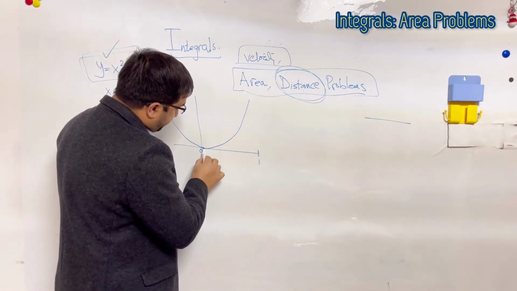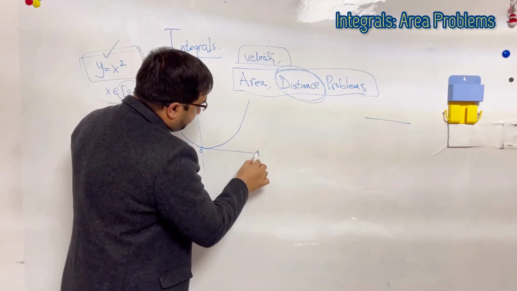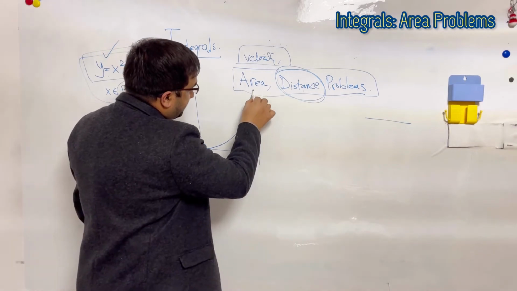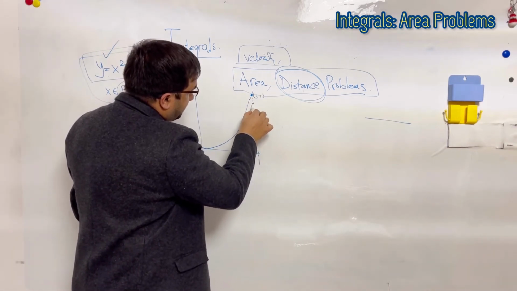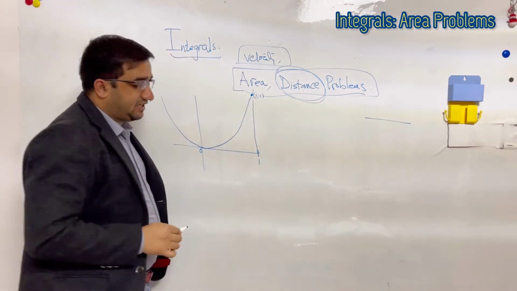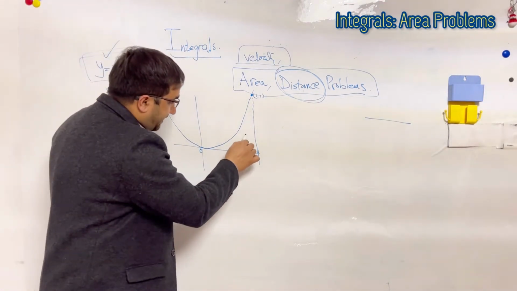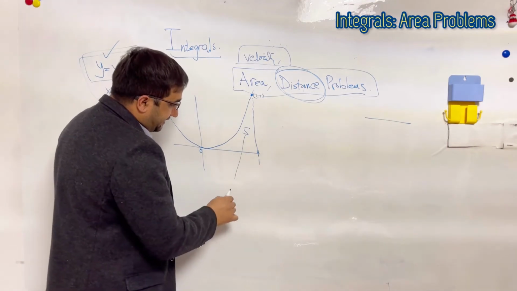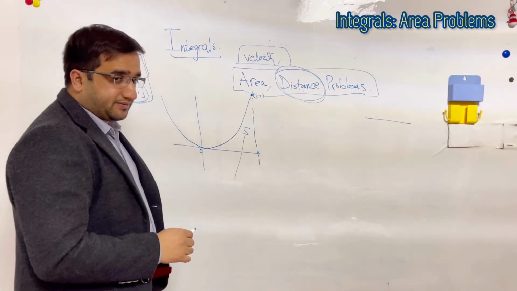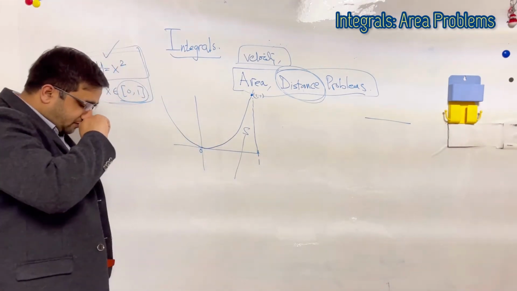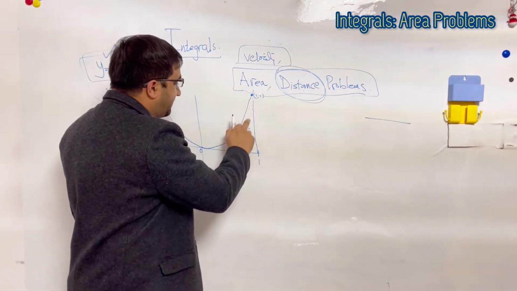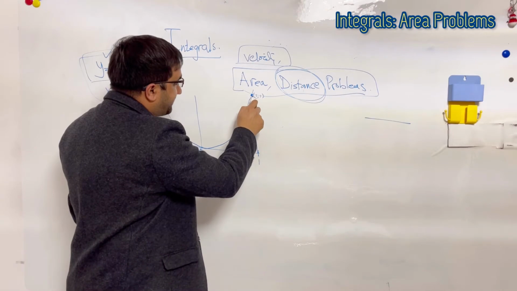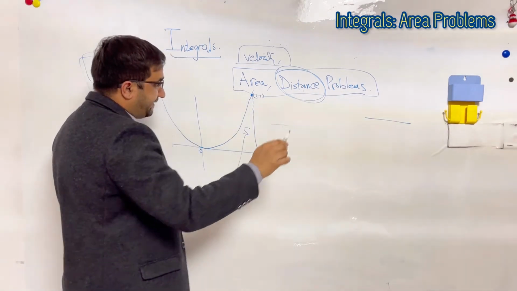So the curve is going from here to here, and if the corresponding point of this one is here, this is 1, 1, then I am actually interested to find the area of this region. So this is my region of interest. I don't care what is happening there.